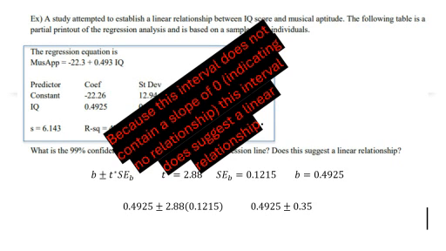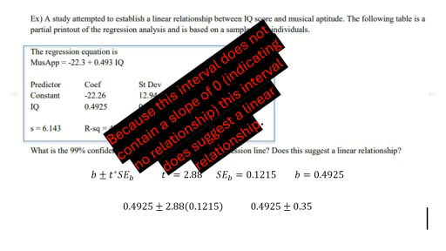Since 0 doesn't fall between those two numbers, we would say that there is a relationship. If you had 0, you could say that there was not a relationship. So 0 is the key. It doesn't matter if it's positive or negative. If it's negative, you would just say that it is a negative linear relationship instead of a positive linear relationship.